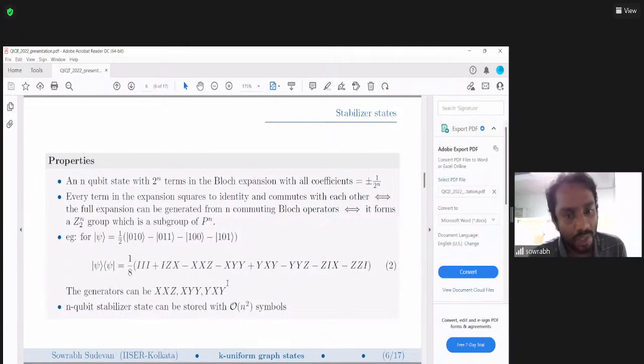In fact, all of the eigenstates of that Hamiltonian have the same property of K uniformity. Whatever entanglement structure you can show for this, all of the eigenstates of that Hamiltonian will have this property.